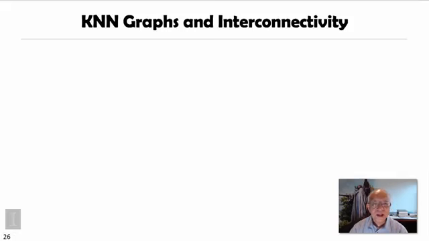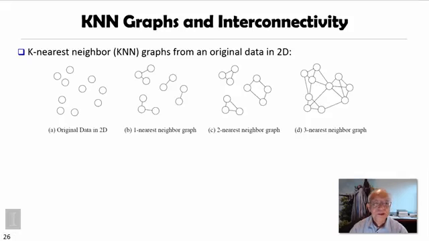Let's look at the method in some detail. The first is the KNN graph. What is a KNN graph? Let's look at an example. This is the original two-dimensional data set. The one nearest neighbor graph is, for each point, each object, you just find the top one closest neighbor.